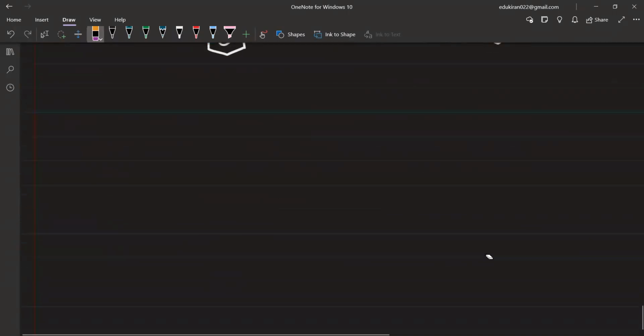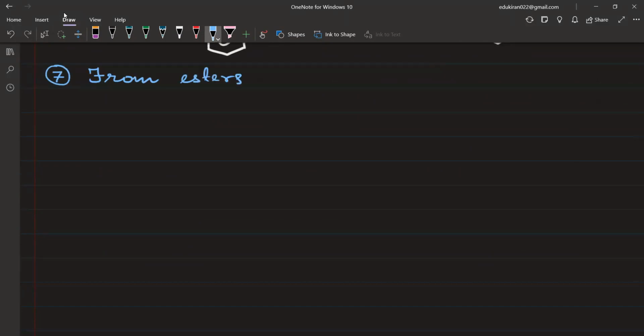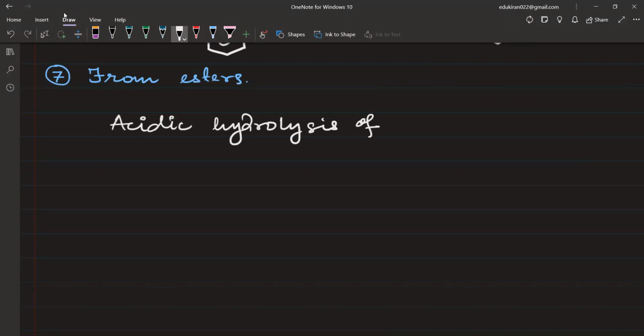Seventh one from esters. Please write acidic hydrolysis. Acidic hydrolysis of esters gives carboxylic acid.